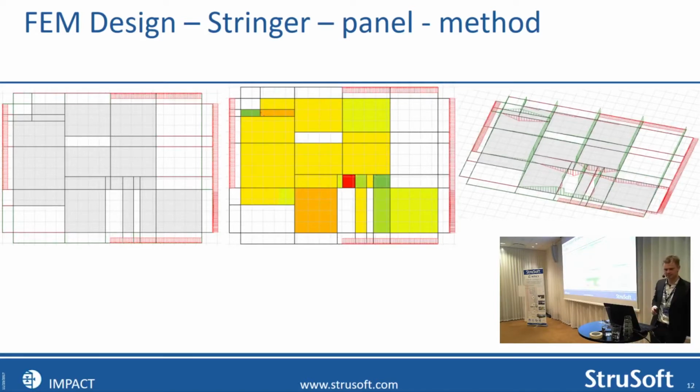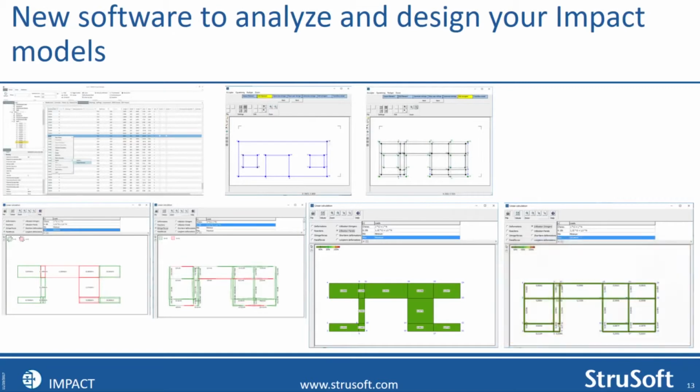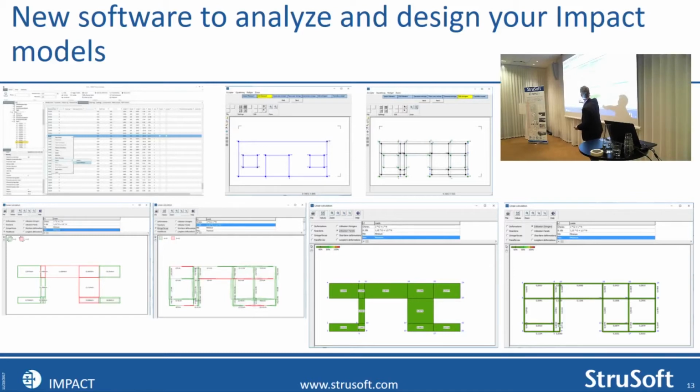The last thing I would like to share with you here is our new software that works with impact models. So you take your walls from your impact, you take it to our new software called the stringer software, and this is the external geometry.